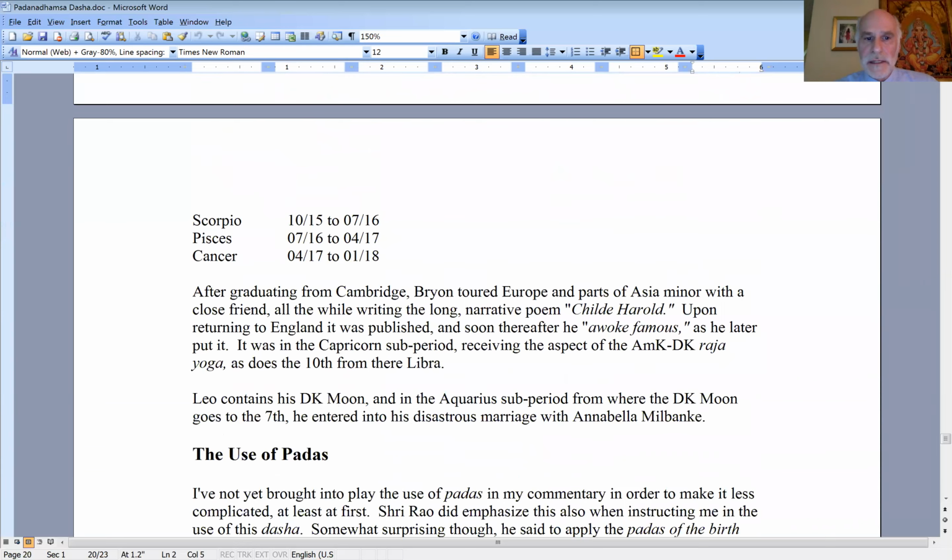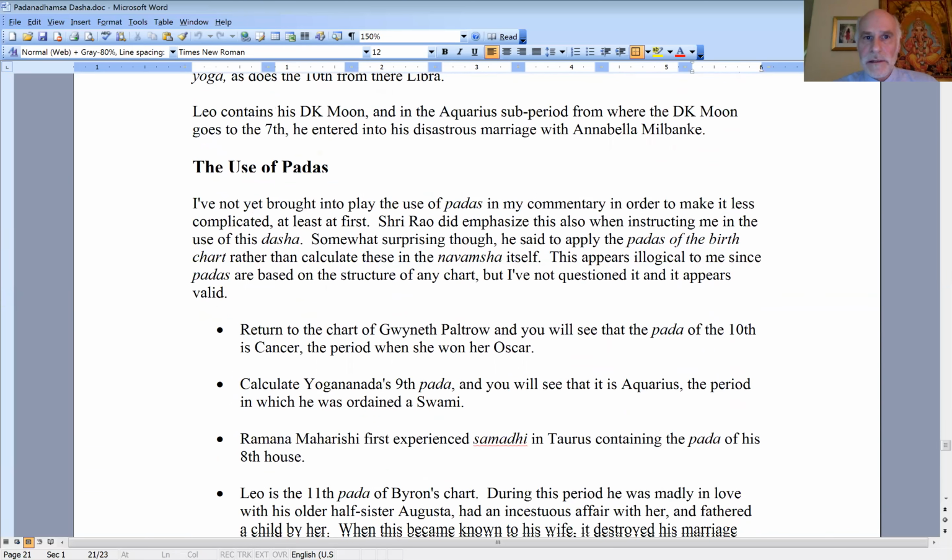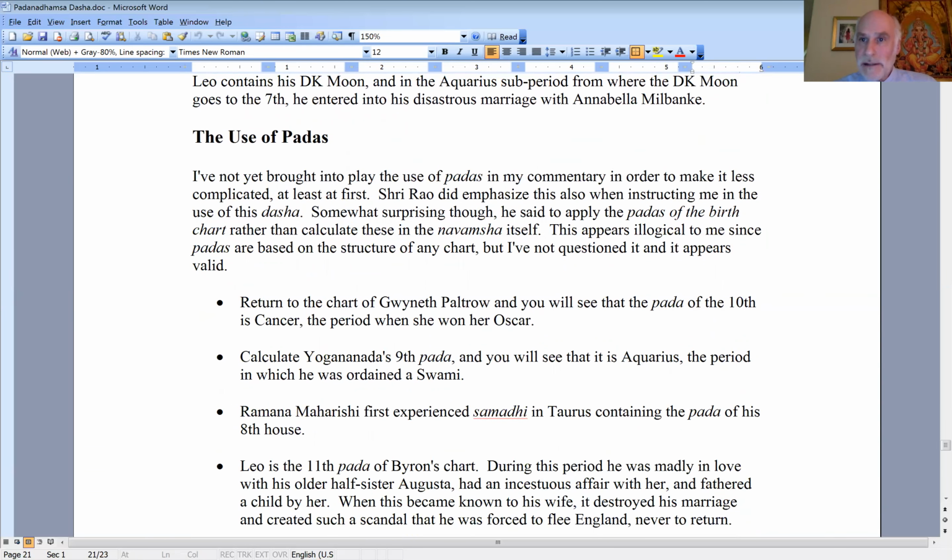And now I'd like to talk a little bit about the use of padas with regards to Padanadhamsha Dasha. Padas, of course, is a very, very important concept within the Jaimini system. And this is called Padanadhamsha Dasha because we start with seeing Padalagna in the birth chart and the Lord of that in terms of seeing its placement in Navamsha and where this Dasha begins.